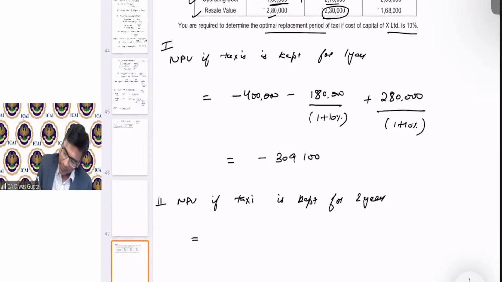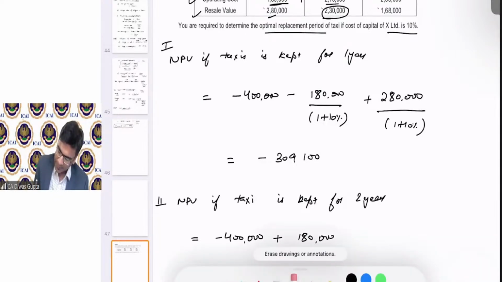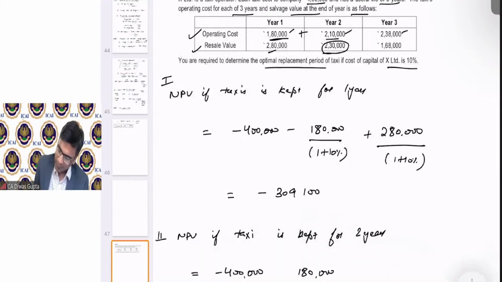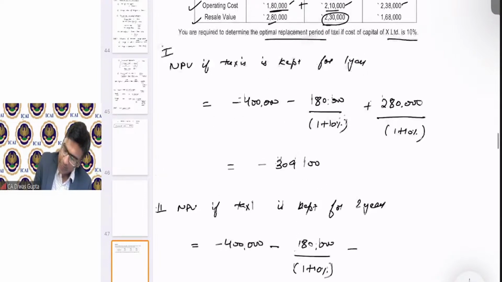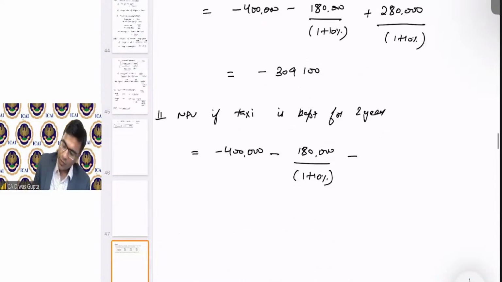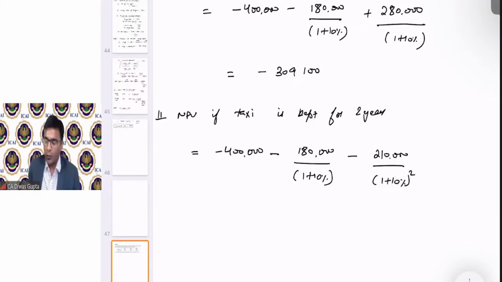So the second step, NPV if taxi is kept for 2 years, what is that NPV? 4 lakh will be the year zero outflow, plus 1,80,000 will be spent. Sorry, not plus, minus, because this is also an outflow. Minus 1,80,000 over 1 plus 10%, minus for year two, what is the operational cost? 2,10,000. For 2 years, we have to do the discounting.